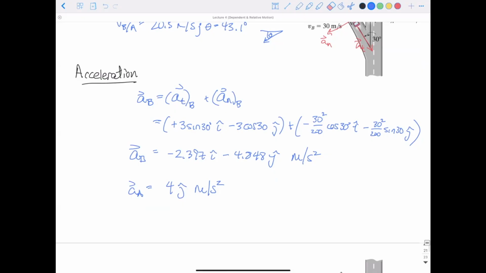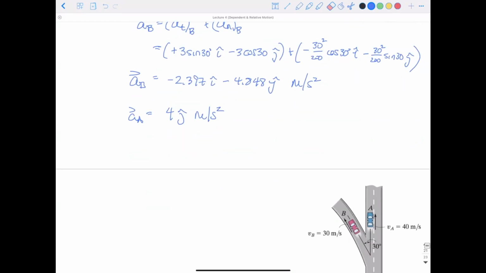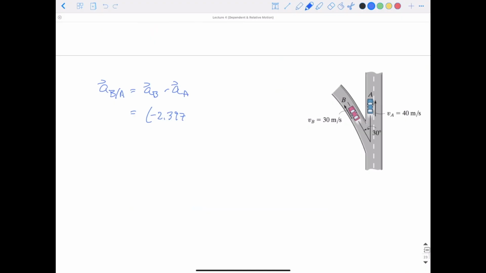And so we can finally write our relative acceleration of B with respect to A is equal to the absolute acceleration of B minus the absolute acceleration of A, which would just be equal to -2.397 I minus 8.848 j, and that's in the units of meters per second squared.